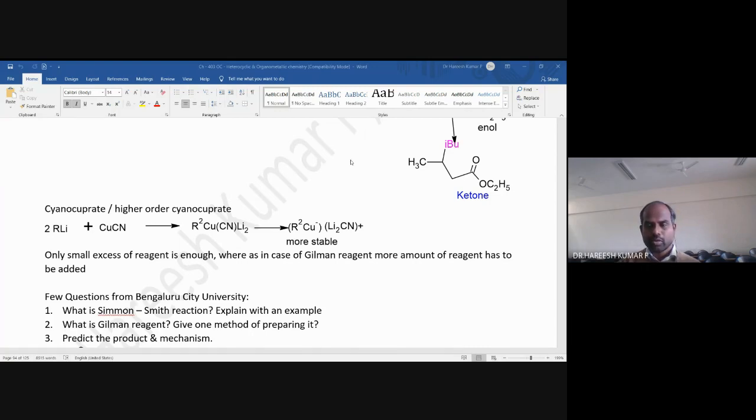So this is about what are called organocopper compounds. Up to this, we discussed the unit on the use of organometallics in organic synthesis. So I think we discussed organoselenium, organosilicon, organocopper, organomercury, organolithium.